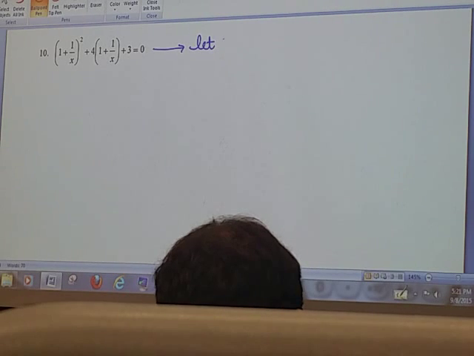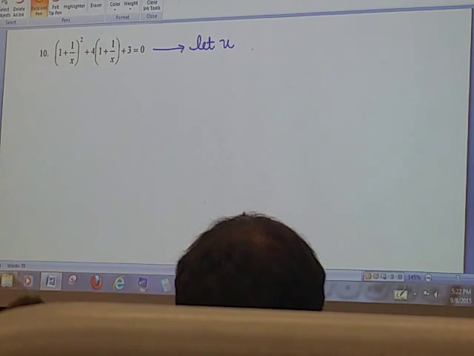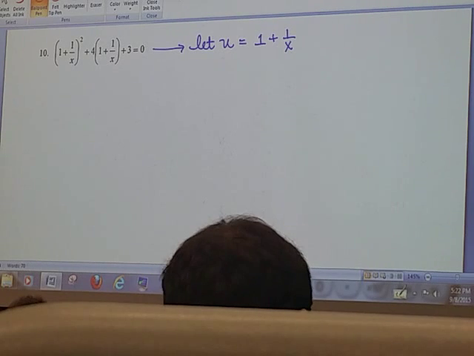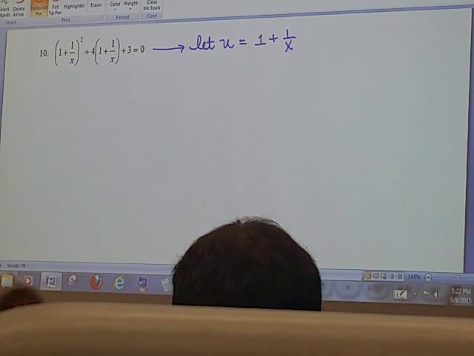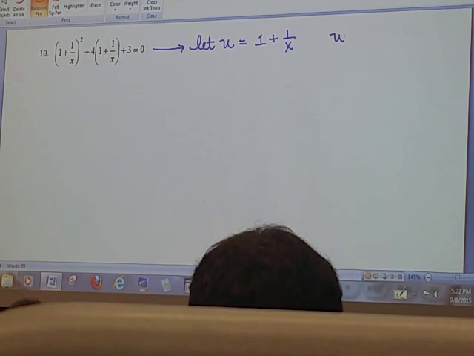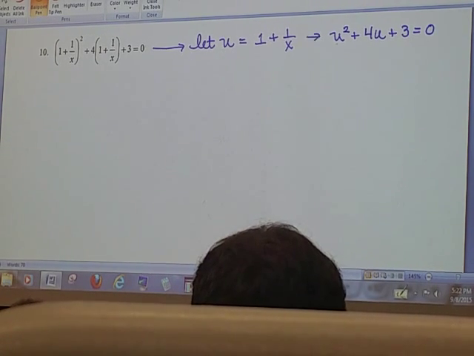For one final time, what's u? And I don't care what kind of weird thing is in there, barking dogs, fractions, I don't care. So that makes this u squared plus 4u plus 3 equals 0.